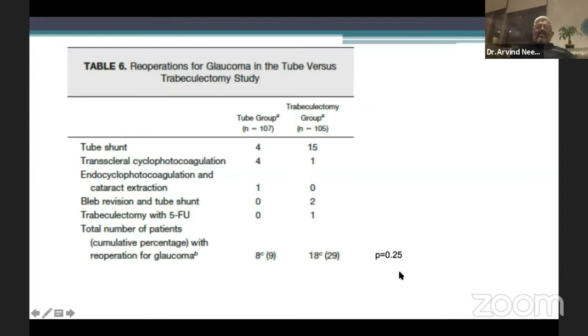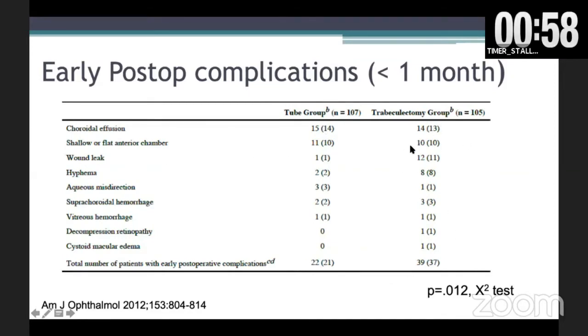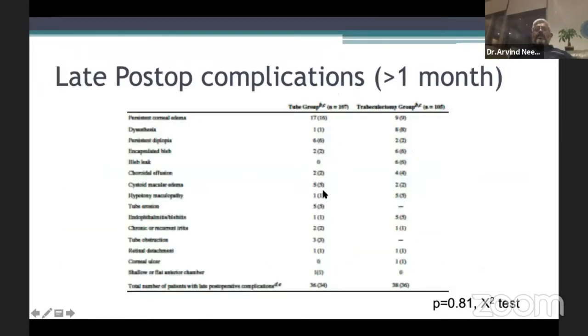Again, not statistically significant. Early postoperative complications, less than 1 month, were much higher in the trabeculectomy group, given there were more choroidal effusions and shallow anterior chambers. There were some wound leaks also included, but again, it was only slightly statistically significant at that point. In terms of late postoperative complications, pretty similar between the 2 groups, but I'd like to point out a few.